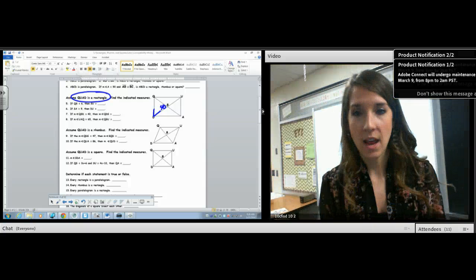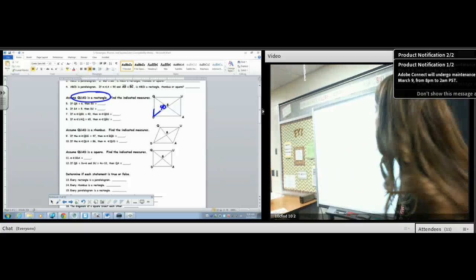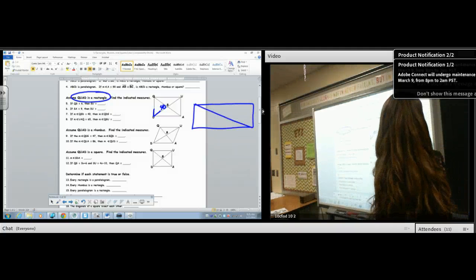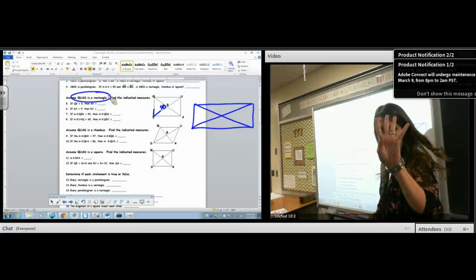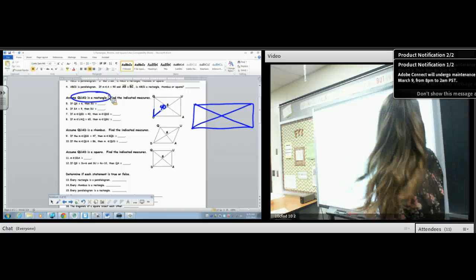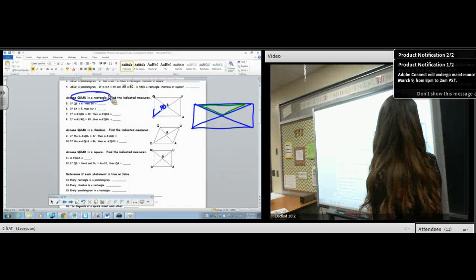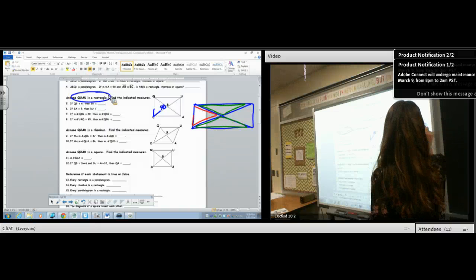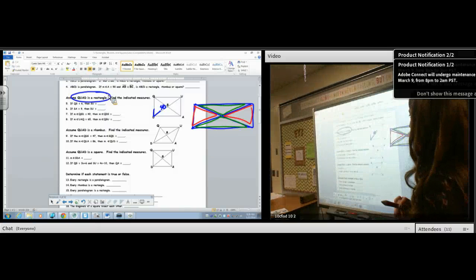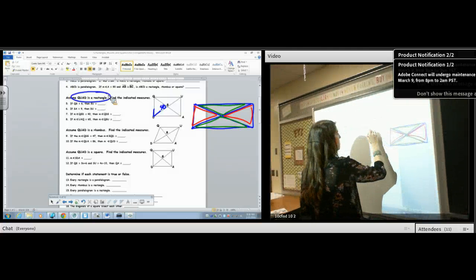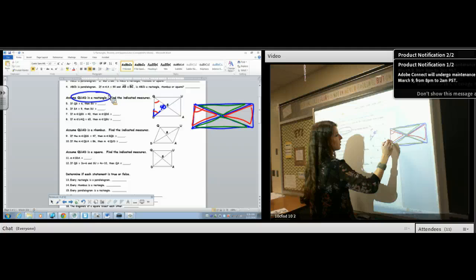In a rectangle, I've talked about this a lot by now, when you draw the diagonals of a rectangle, you get 4 isosceles triangles. This green isosceles triangle is congruent to the other green isosceles triangle, and the red isosceles triangle is congruent to the other red one. So if that is an isosceles triangle, then I know my base angles are congruent.